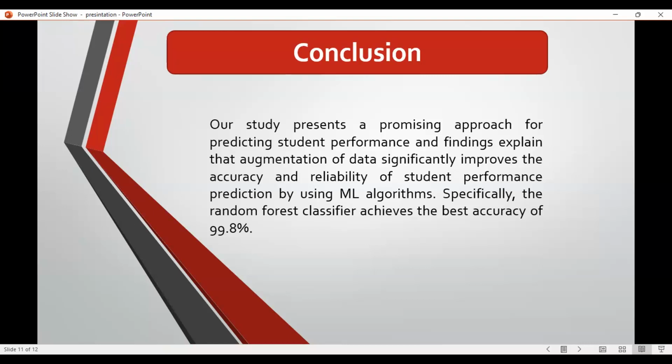So this study will contribute to the field of education by providing a more comprehensive and accurate model for predicting student performance, which can support informed decision making and improve educational outcomes.